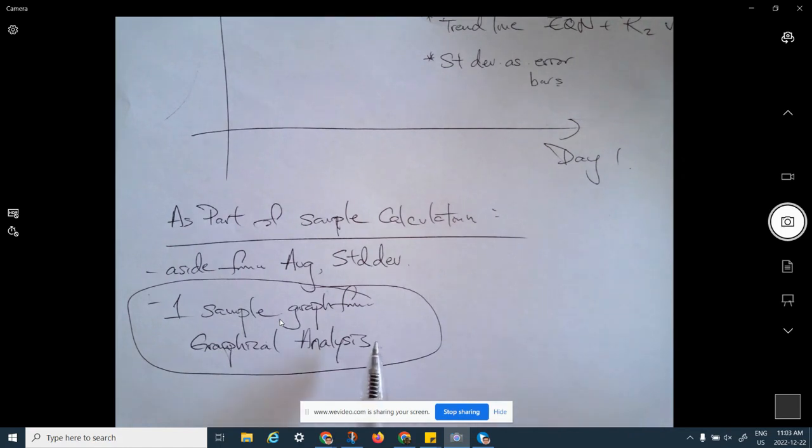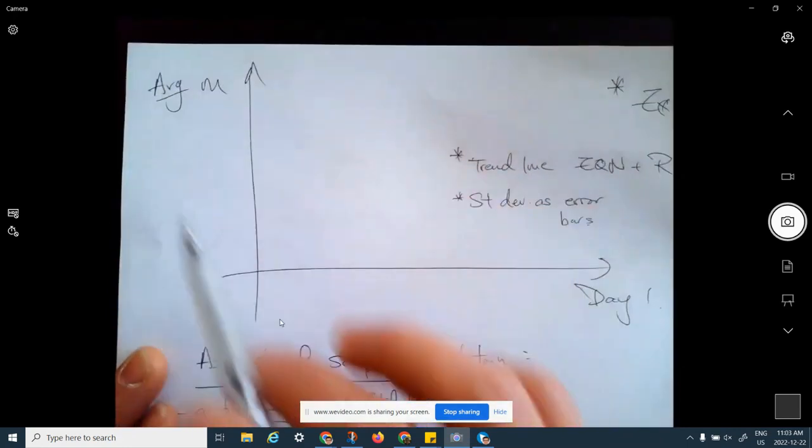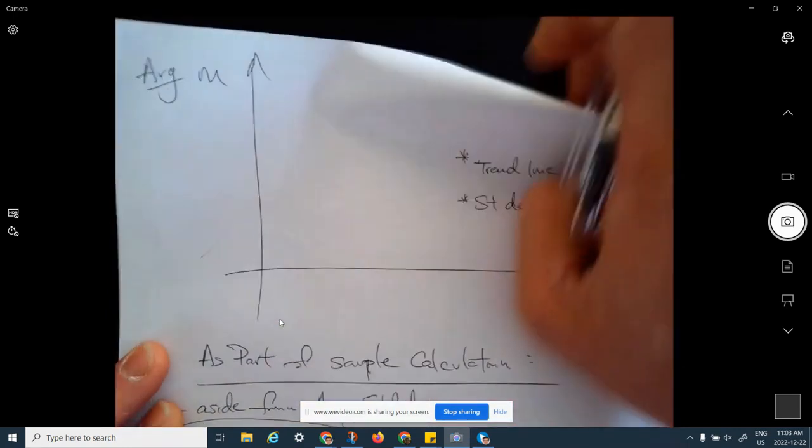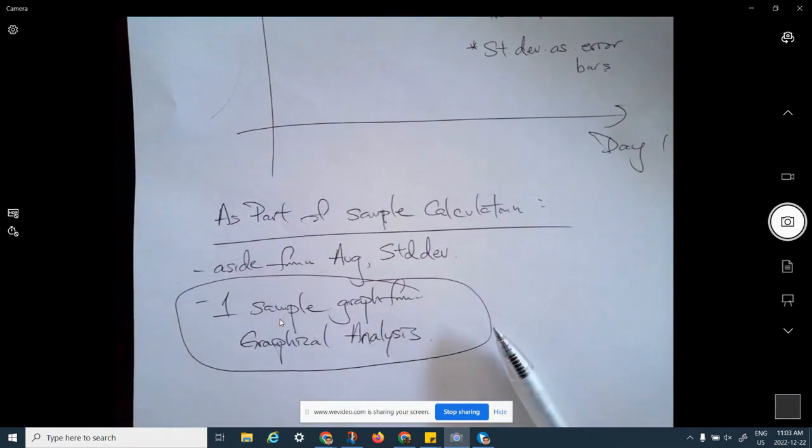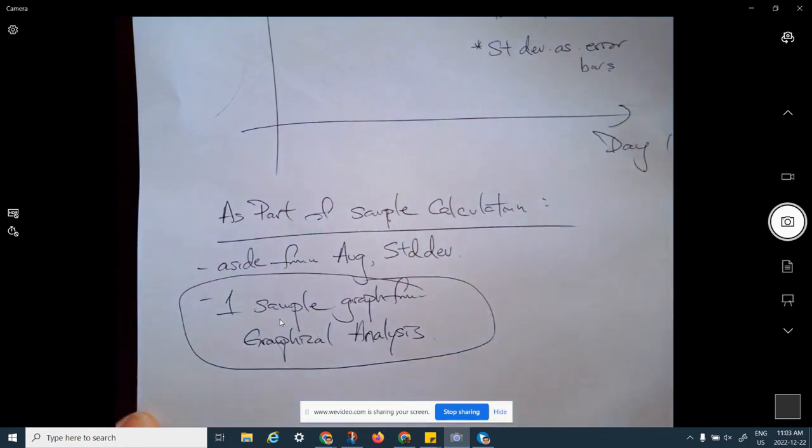So I should see one graph of the average M and one graph from the sample from the graphical analysis. Any questions on this section so far? No? Okay.